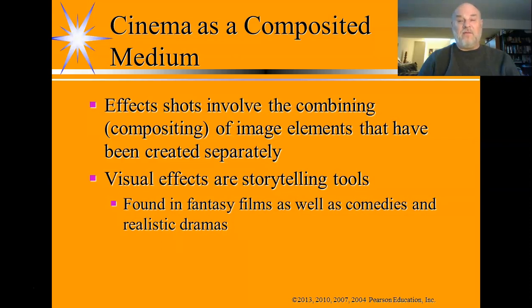Those elements, as we have discussed so far this semester, would be production design, cinematography, film structure, acting, editing, and sound. And all of these elements are composited to create a final film which evokes specific meaning effects in an audience.